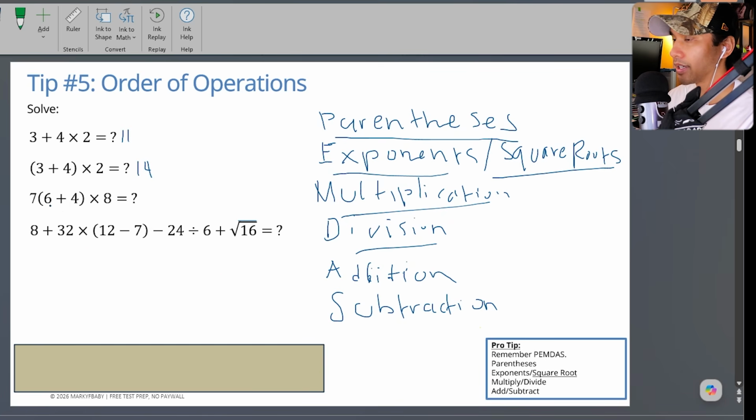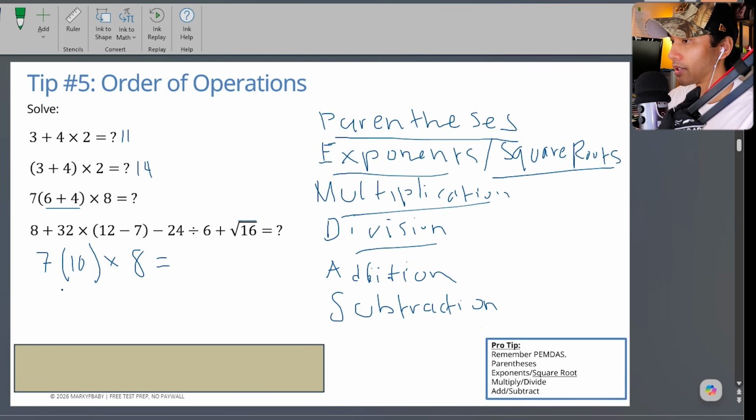And the next one is 6 plus 4 times 8, with a 7 in front. Now, what we have to do here is distribute this 7. But before we distribute the 7, we have to figure out what's going on in the parentheses. And what we can do here is do 6 plus 4, which equals 10. So I'm going to rewrite it, 7, and then 10 times 8.